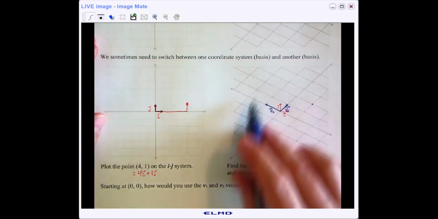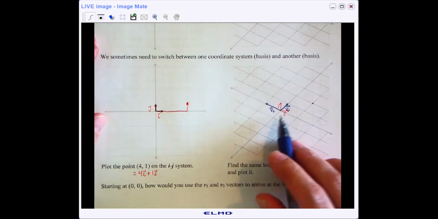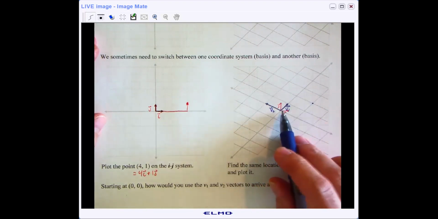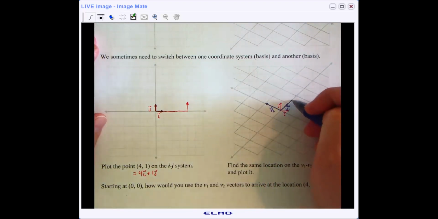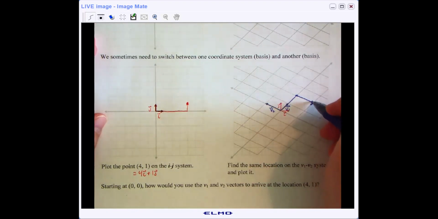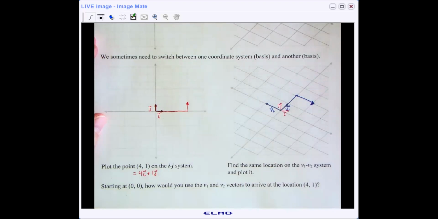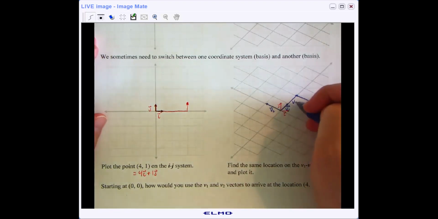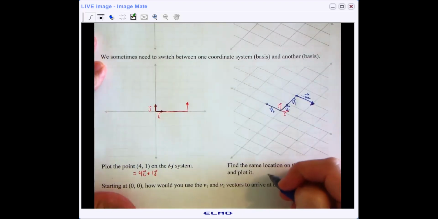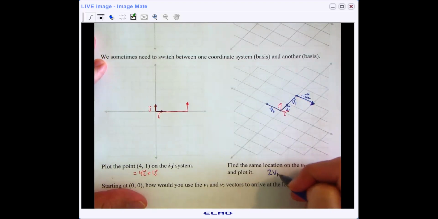Fortunately, I've superimposed the V1, V2 grid on here, and so to get there, I would go like this. That would be the easiest way to get to that location. That would be a vector V1 plus another vector V1 and the opposite of vector V2. So it would be 2 V1s minus V2.